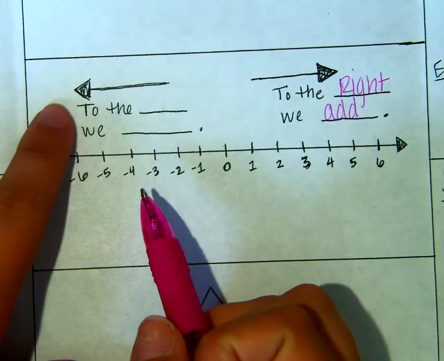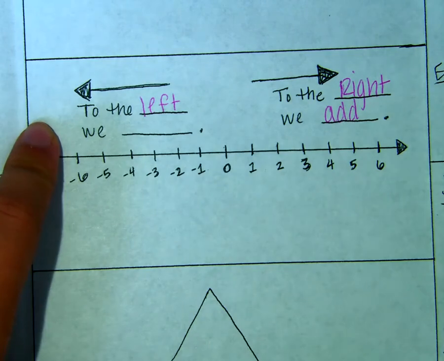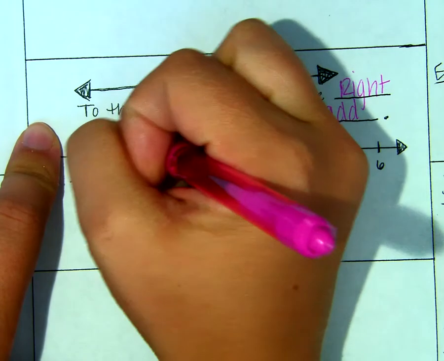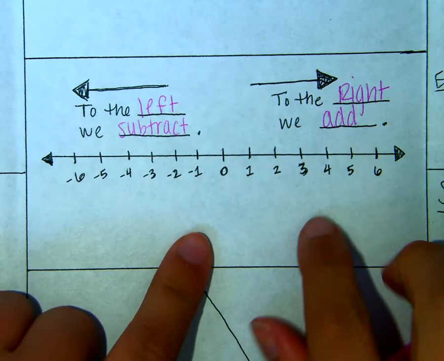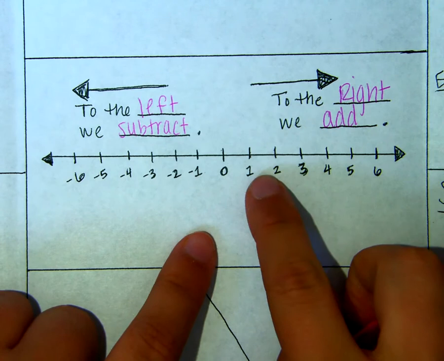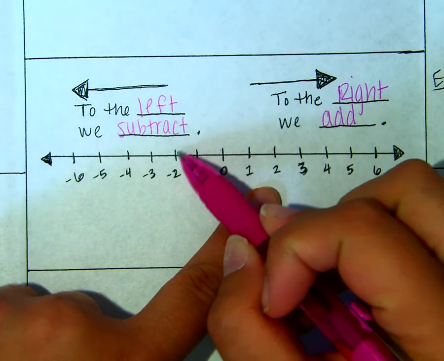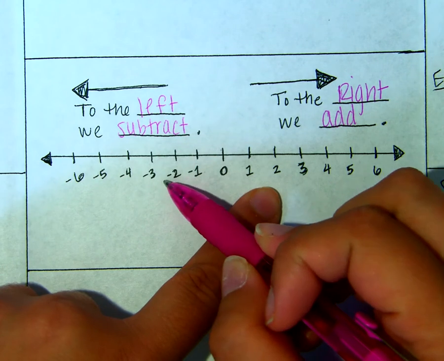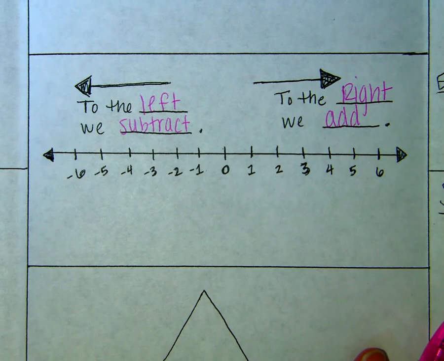If we move to the left, we are subtracting. So if you start at 2 and you're subtracting 5, you are moving to the left 5 spots and your number decreases. So just make sure you are familiar with your number line.